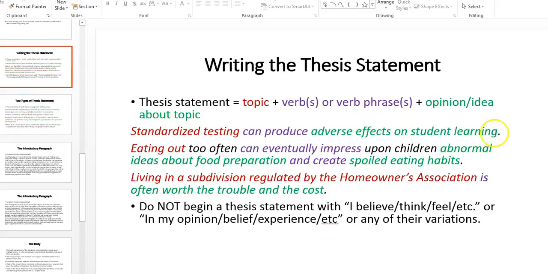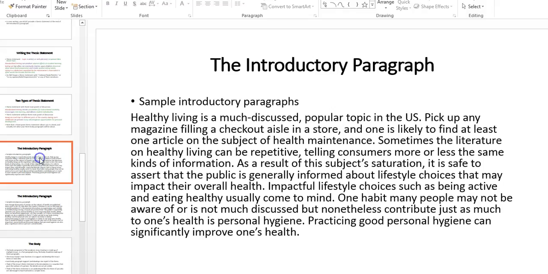Even if you're going for this method, you still have to know exactly what these adverse effects are, and you still have to be prepared to develop each of these effects and support them effectively in the body of your essay. So regardless of what thesis statement you choose, as part of your writing decision, you have to be aware of your three main points of discussion, whether or not they are stated.